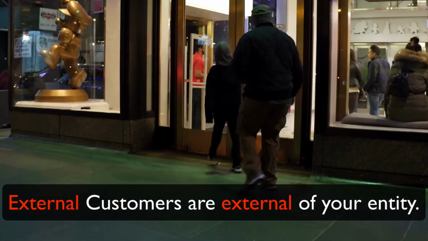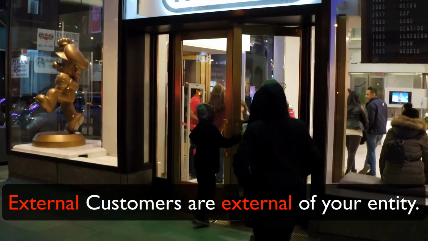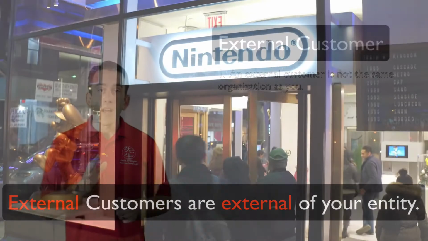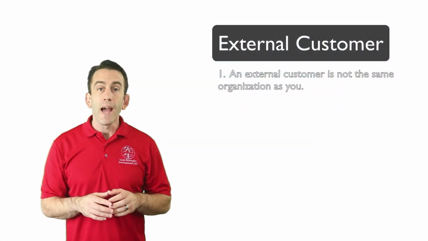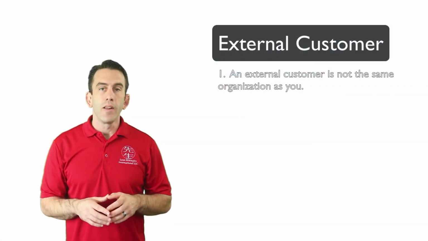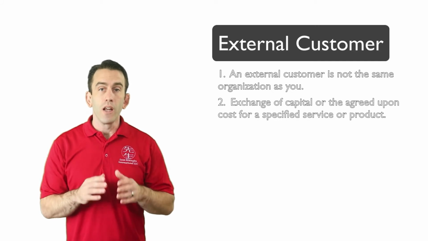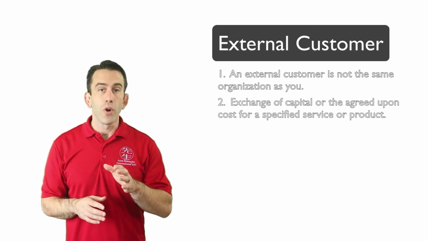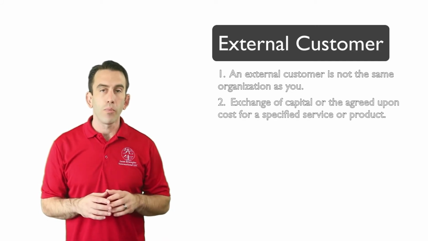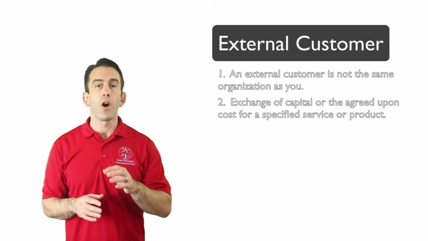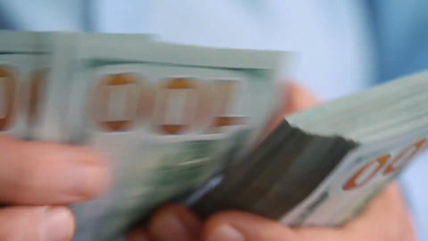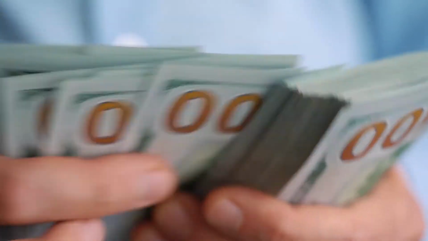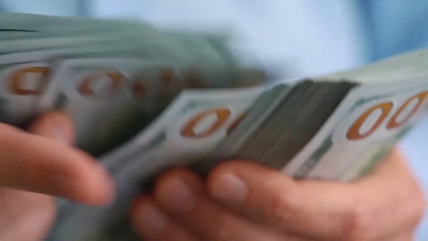To put it simply, they are external of your entity. The second characteristic for an external customer is that there is an exchange of capital or the agreed upon cost for a specified service or product. The external customer pays for the service or product they are receiving.